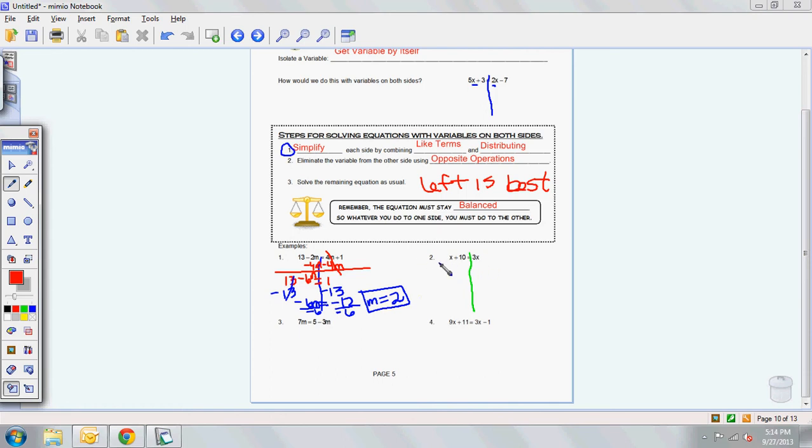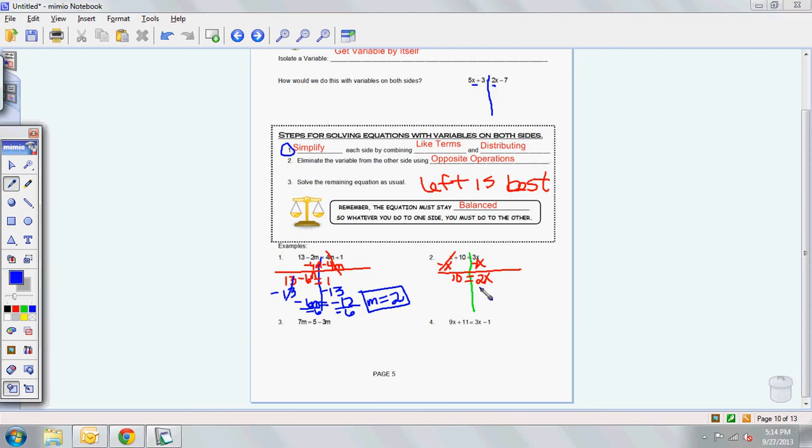So let me show you. If you have something like this, we've got to get rid of that x by doing the opposite. So we're going to subtract x on this side. So we're left with 10 equals, so 3x minus a 1x would give you a 2x. So this kind of eliminates some steps from that first one we did, because now we're just left with a one-step equation.